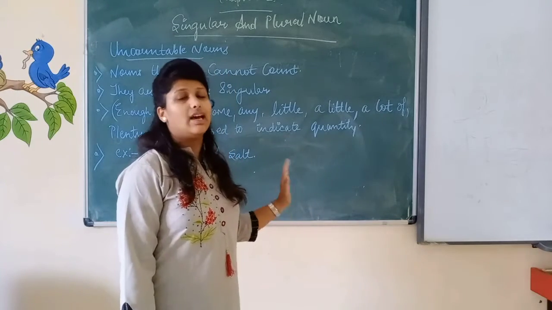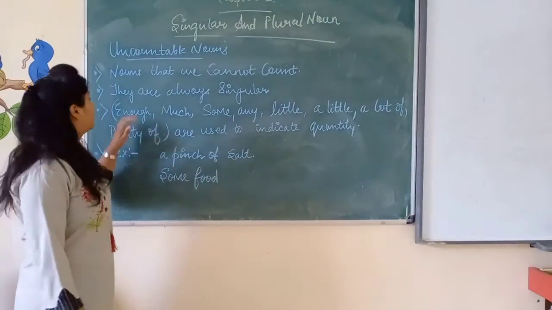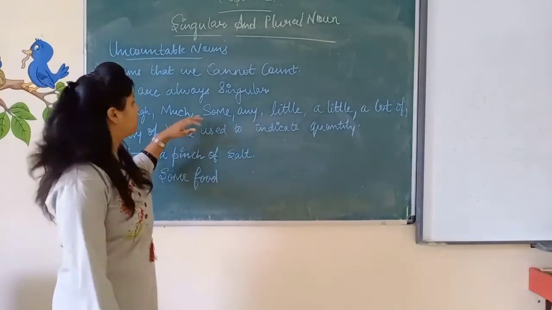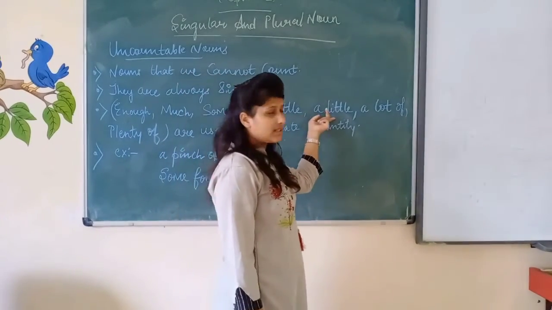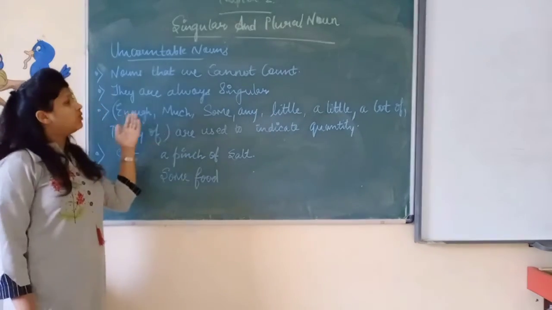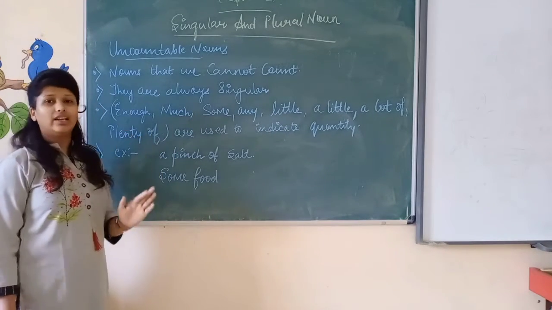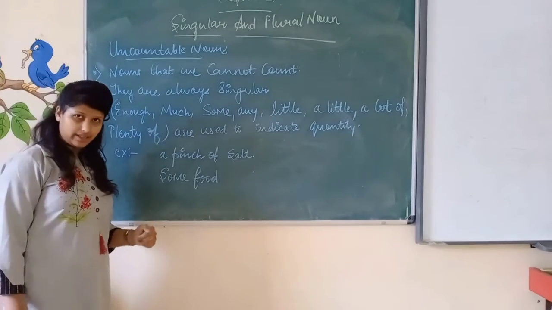Like enough, much, some, any, little, a little, a lot of, plenty of. So these are the words that are used to show the quantity in uncountable nouns.